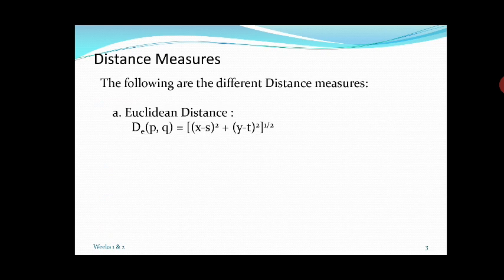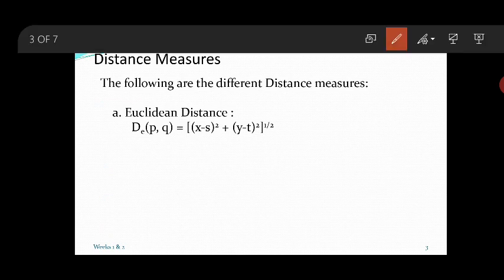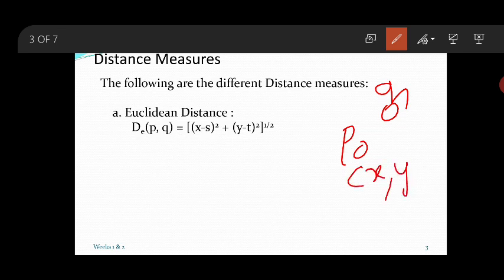Now, distance measurement can be performed with various operations. The first one is the Euclidean distance. I hope you know the Euclidean distance. Let us consider again the two pixels P and Q. The coordinates of P will be x comma y.